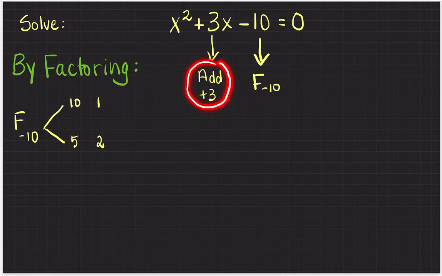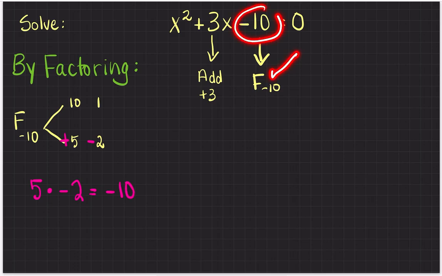Think about it. Okay, yes. If I have +5 and -2, that will work. Let's check that. If I do the multiplication, 5 times -2, that would be -10, and that's perfect because I need it to be -10 here. And if I add +5 minus 2, that is +3, which is also perfect because I need it to be +3 when I add these two numbers.